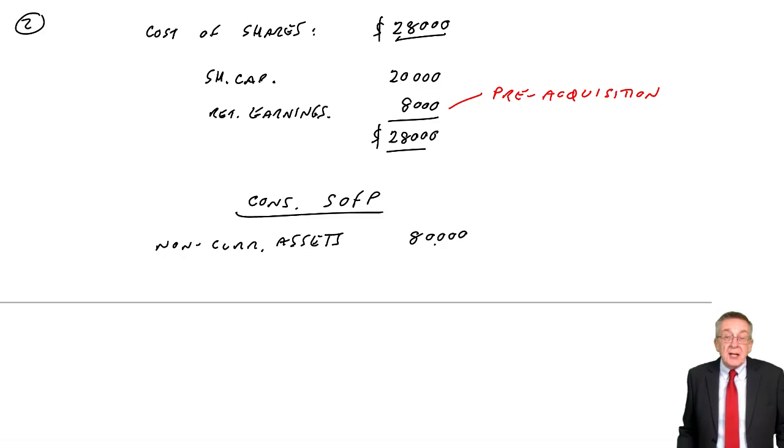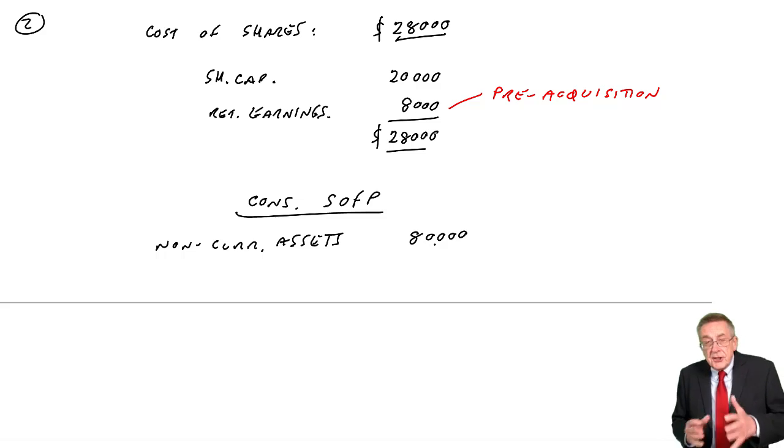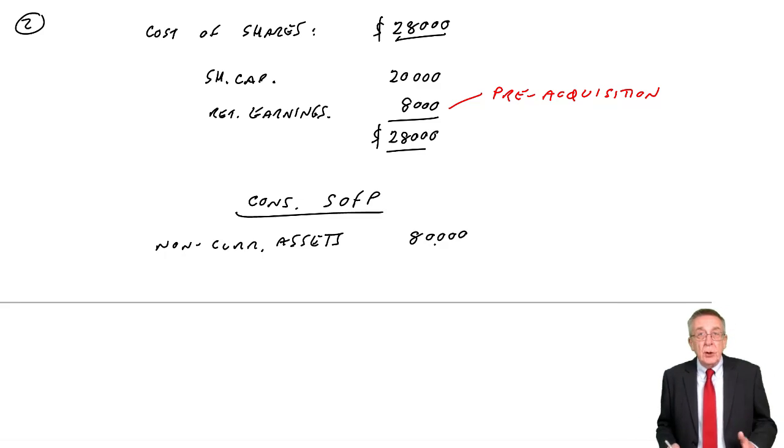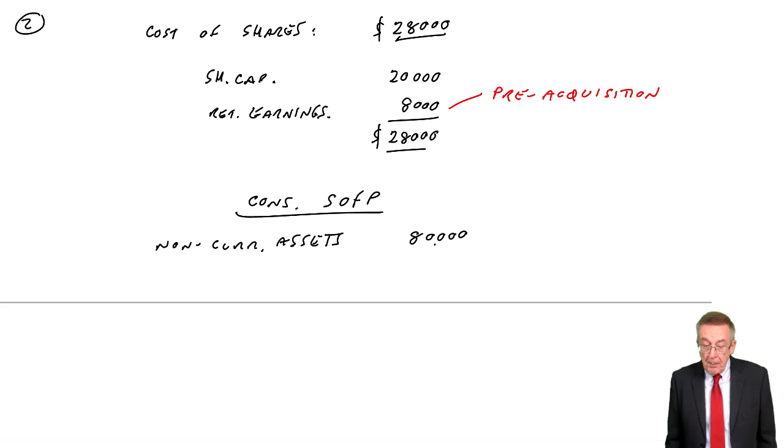Ignore the investment in S because, like before, instead of showing the investment in S, we're bringing in all the assets and liabilities of S.